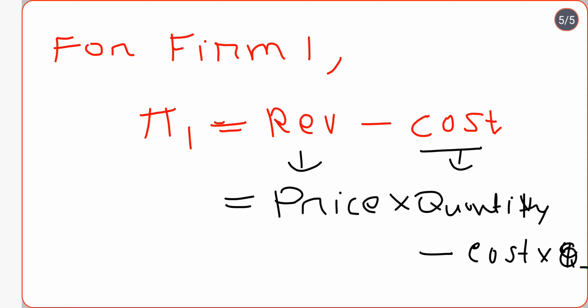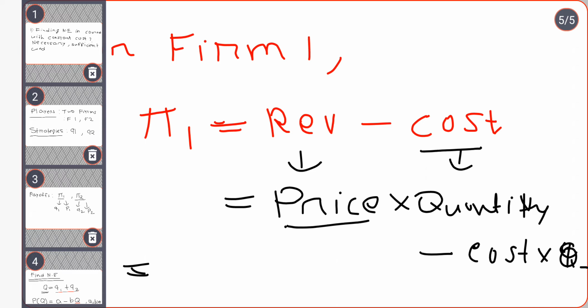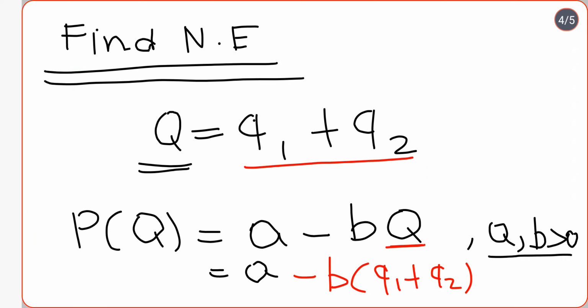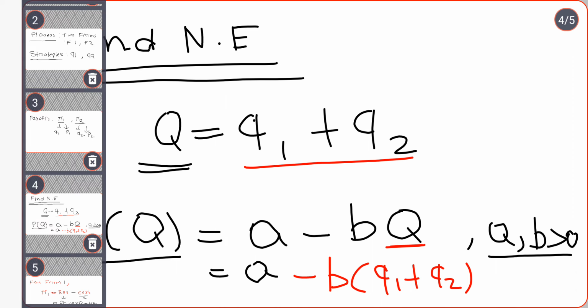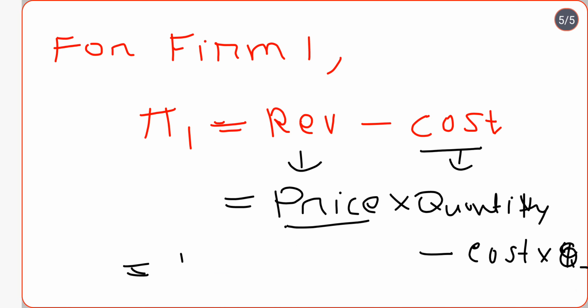Now if I want to put it into an equation, what is price? Price is the equation that we have represented here in the earlier slide. This is the equation of price, P of Q. So in place of price, I write P of Q, multiplied by quantity. Farm 1 is producing Q1 amount of quantity, so in place of quantity I can write Q1.